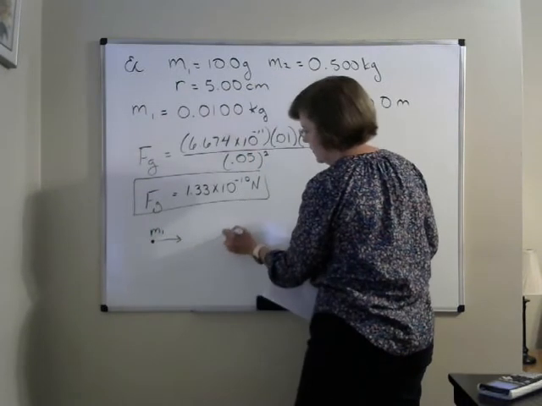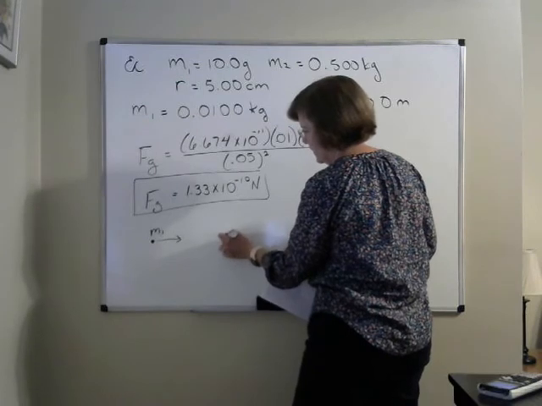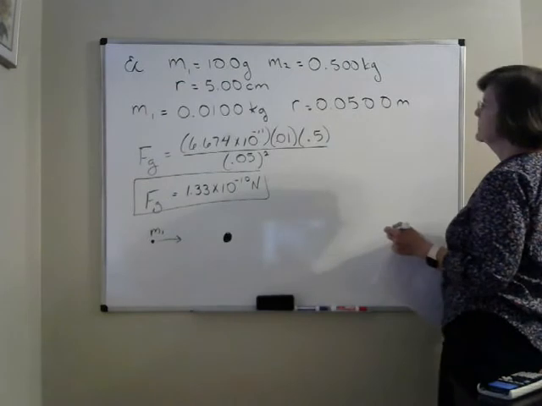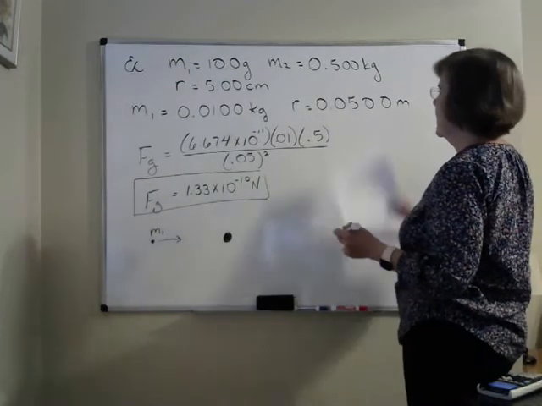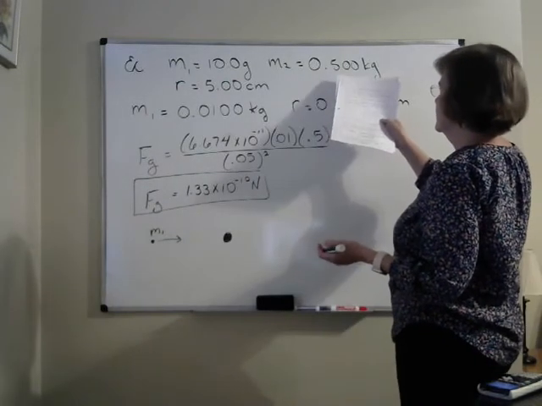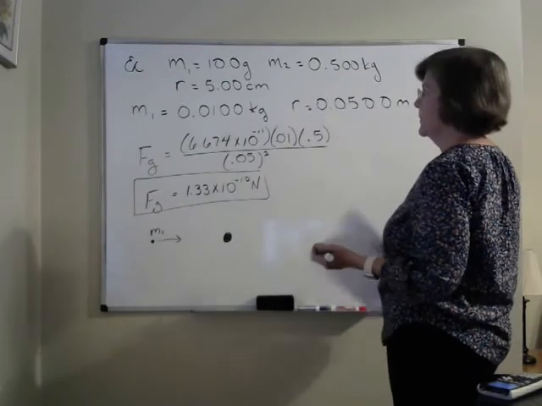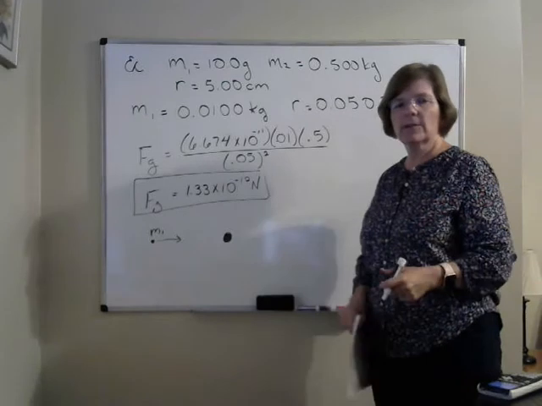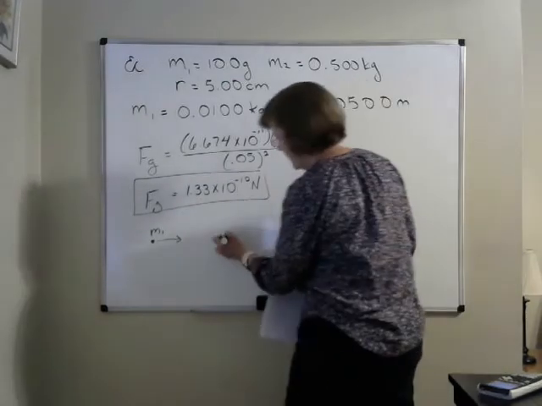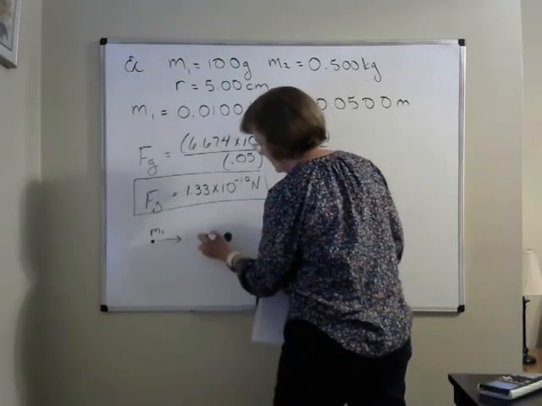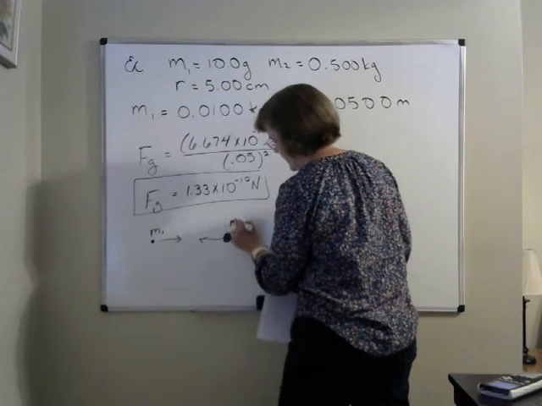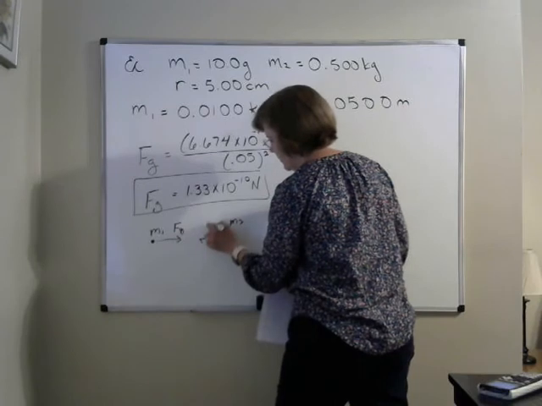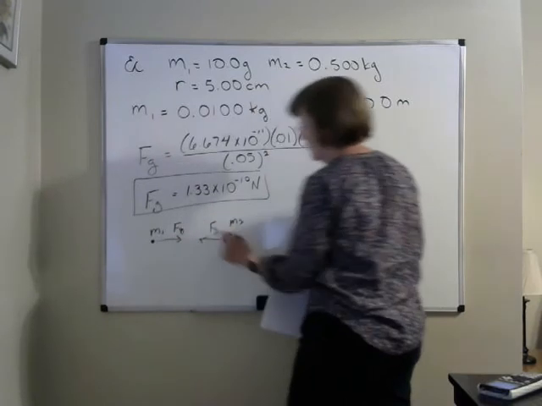Here's mass 2, it's considerably bigger. We're talking about 500 grams compared to 10 grams. So 500 is considerably bigger than 10 grams. But they feel an equal force. They feel the exact same gravitational force, just in opposite directions.